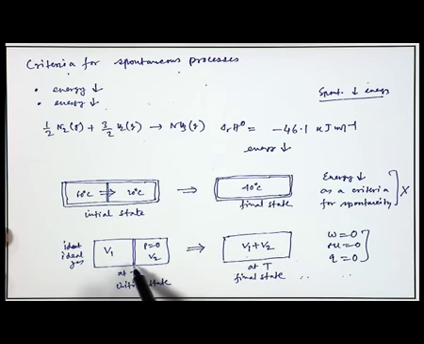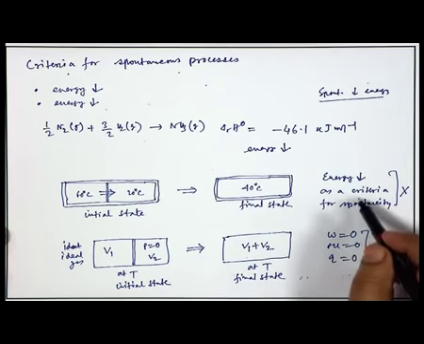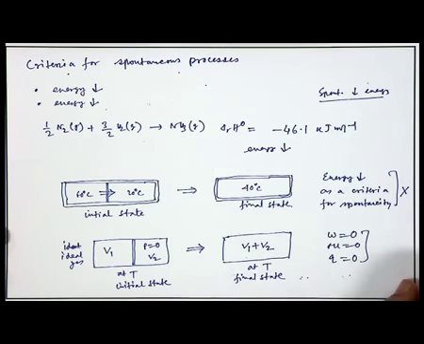But what happened? Spontaneously the gas expanded from initial volume V 1 to final volume V 1 plus V 2. So, in this case no heat energy change is involved, but the gas expands spontaneously. So, again, energy change or heat energy change cannot be a criterion for spontaneity.